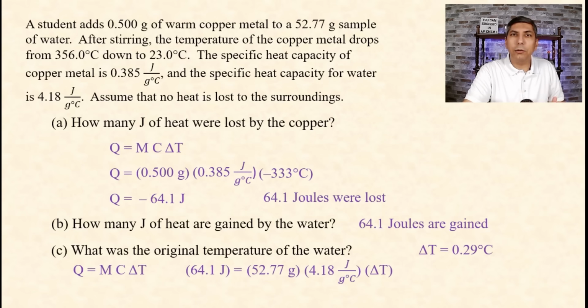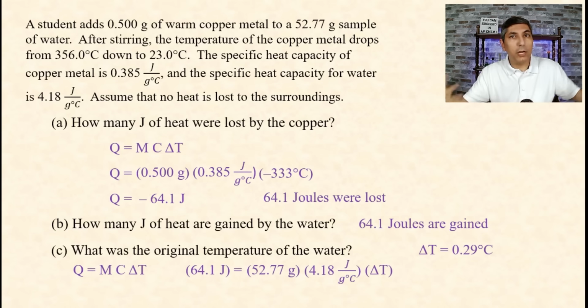We know that the final temperature of the copper and the final temperature of the water had to be the same. Whenever you drop something that has a very high temperature, like the hot copper in this case, into something much colder, like the cold water, the temperature of the copper drops and the temperature of the water rises until they both equilibrate. And so the final temperature of both the copper and the water are going to be the same.